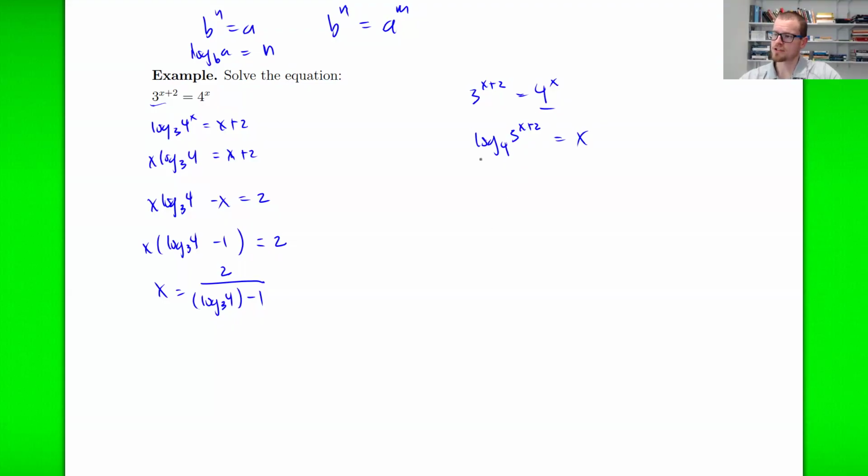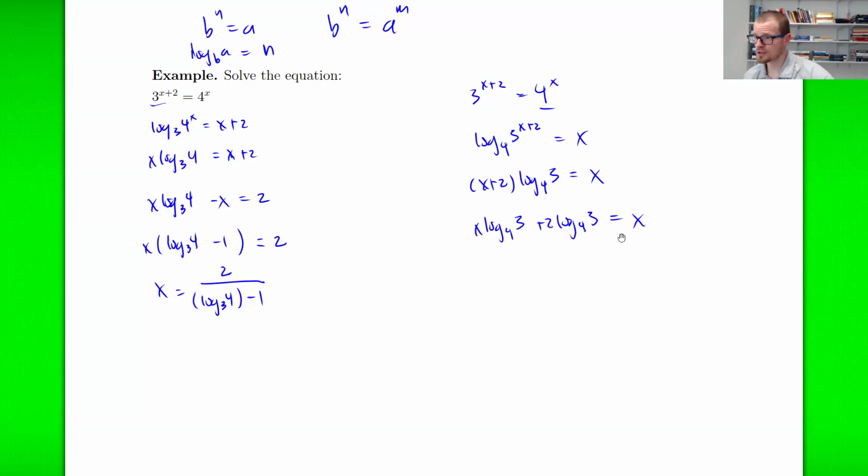Now I can pull x plus 2 down as my coefficient. So I still have logarithm base 4 of 3. Distribute into the parentheses: x times the logarithm base 4 of 3 plus 2 times the logarithm base 4 of 3 is equal to x.